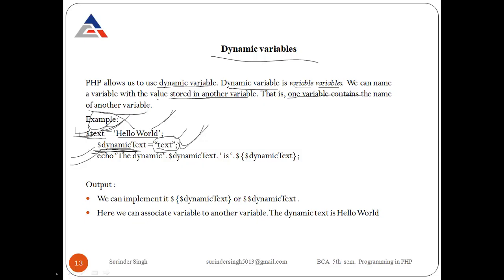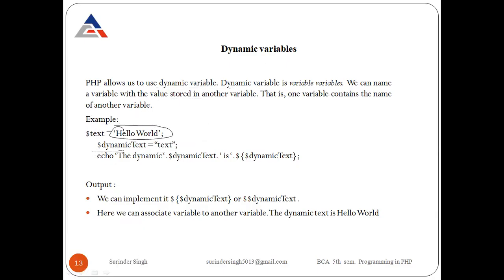Now the concept is we can access this value from this variable, clear. Like in C, you have pointers. You can access another variable by using a pointer. Same way, we can access the text variable by using this variable, clear.